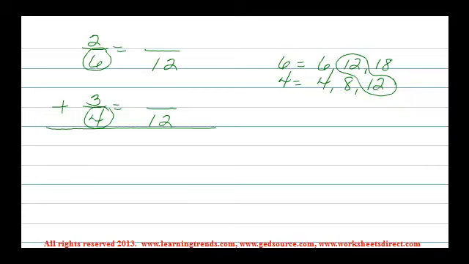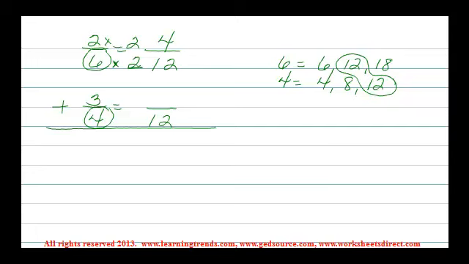So we look at our 6, and we say 6 times what number equals 12, and we know that 6 times 2 equals 12. So we need to multiply the numerator by 2 as well, and 2 times 2 is 4. So 2/6 is the same as 4/12.